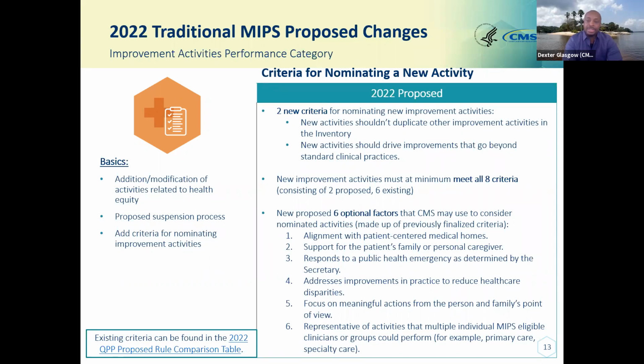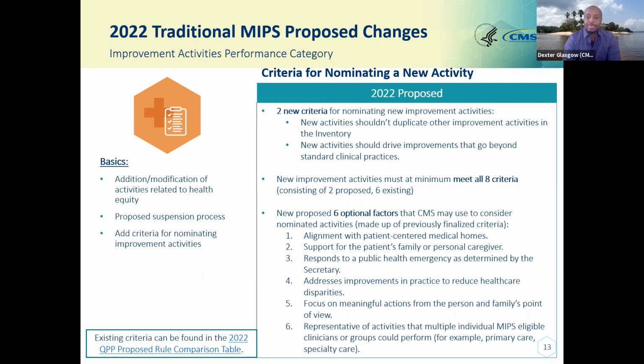As such, new activities must meet the following 8 criteria, which are 2 proposed and 6 existing. The first will be relevance to an existing improvement activity subcategory or a proposed new subcategory. The second, importance of an activity toward achieving improved beneficiary health outcomes.